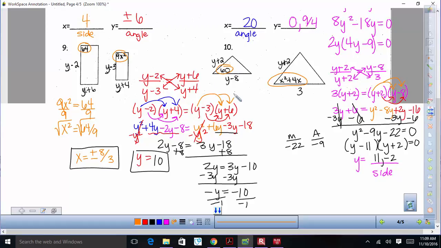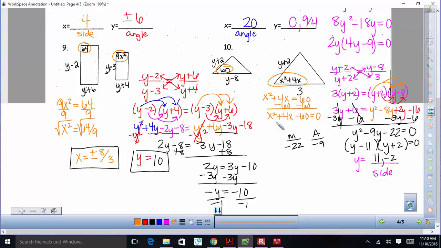So we would set those equal. That would give me x squared plus 4x equals 60. Very good. We need 60 on this side so we can factor, so we subtract 60 from both sides. That gives me x squared plus 4x minus 60 equals 0.